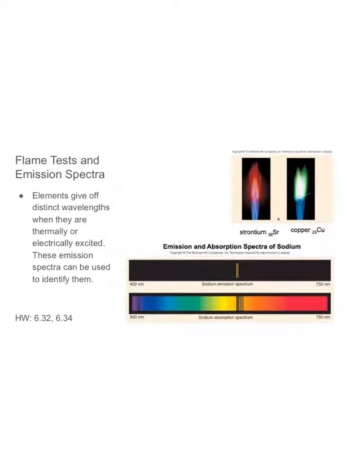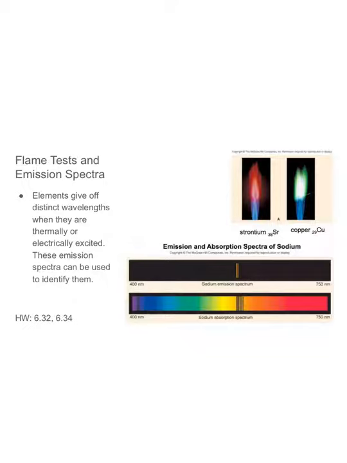Another test that we can perform is something we did last year in Honors Chem, which was a flame test. The color that's given off when we burn a metal is very, very specific. For example, copper always gives off a bluish green. Strontium gives off more of a deep red. So we can compare all of these colors.